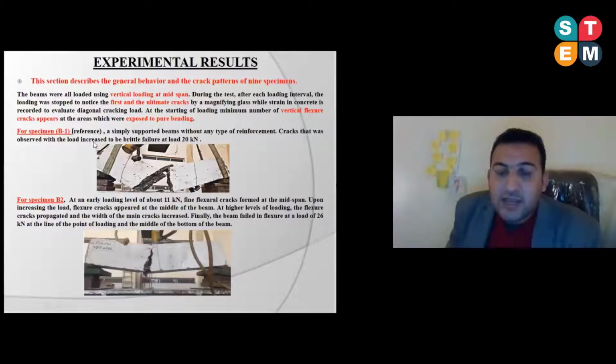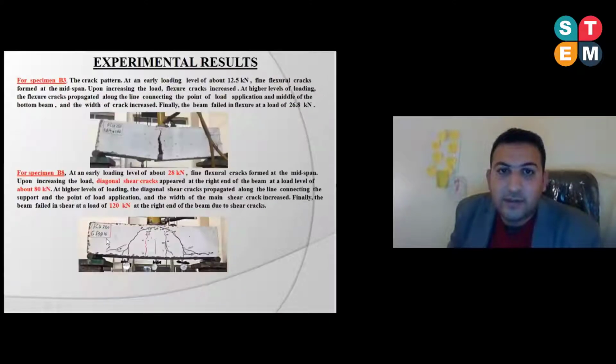Specimen 1, brittle failure because it's plain concrete. Specimen 2, when we put the banana fiber bar, it's flexure failure. And 3, the same happens.